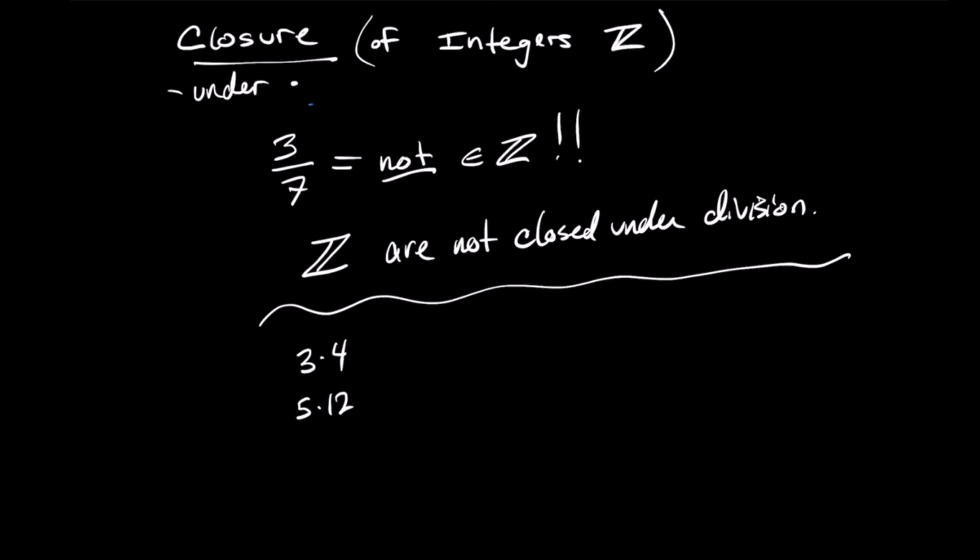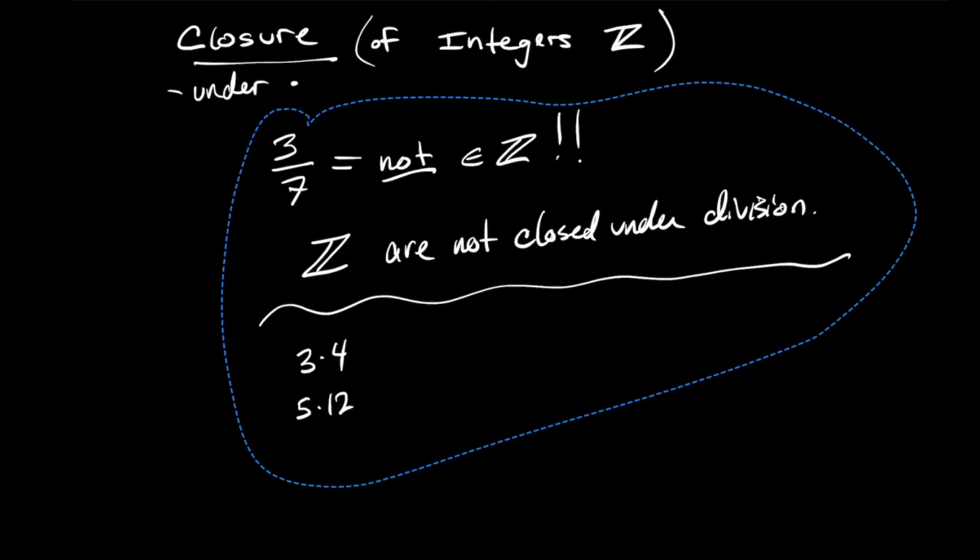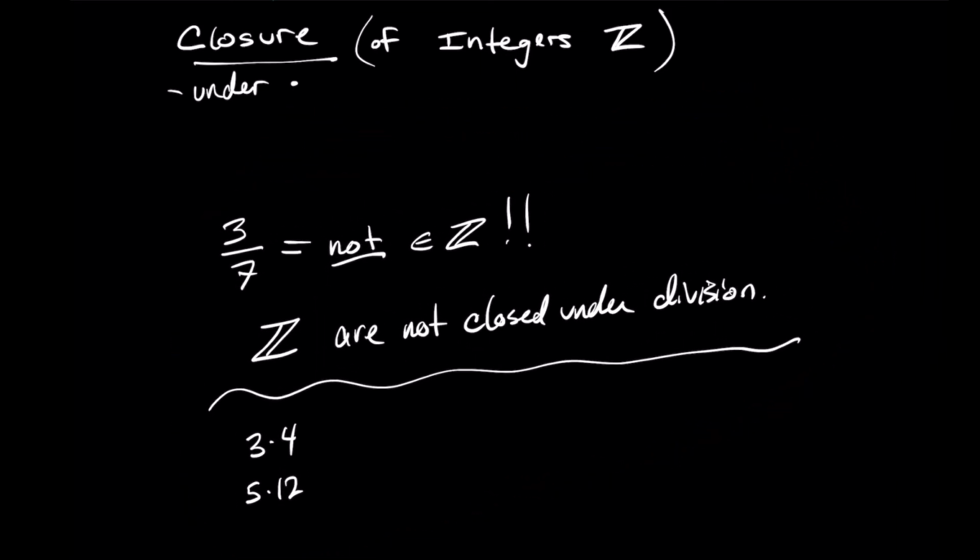If we add two integers, then the same thing is going to happen. We're going to get a third integer, and that's because they're closed under addition. And again, that includes subtraction. So if we have any combination of these two operations, we're also going to get another integer.